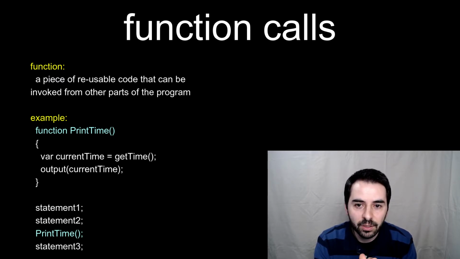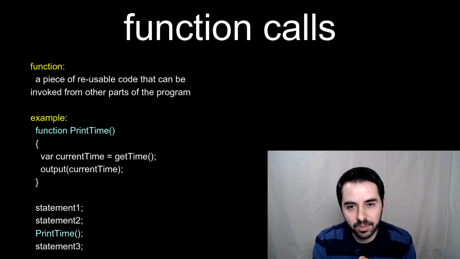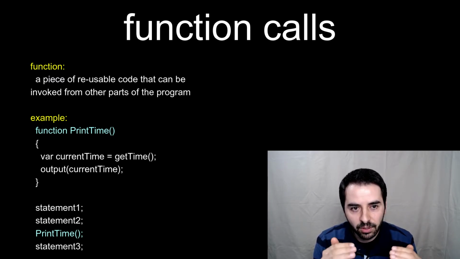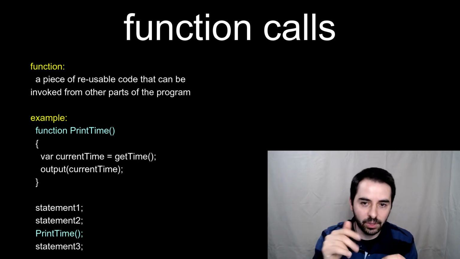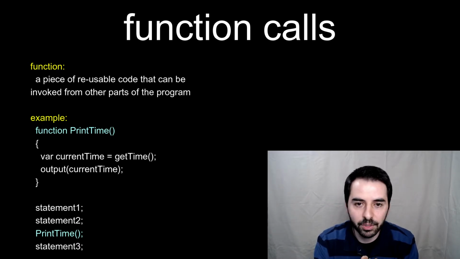We wrap it as a function because either we need to call it multiple times, or we want to separate the logic and give it a descriptive name to know what we do, make the code shorter, or for different reasons. Basically, when you make a function call, the control flow will start executing whatever code is in that function. When we get to functions and learn about them, we'll see how it works.